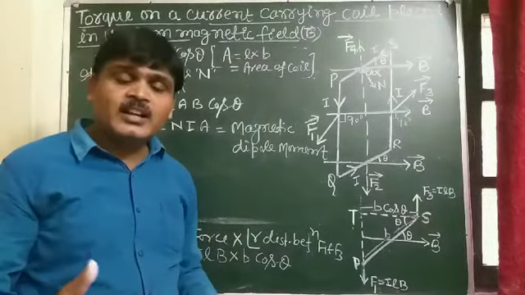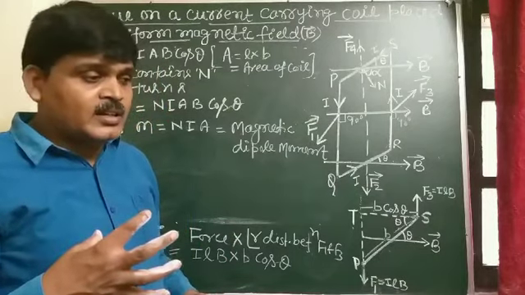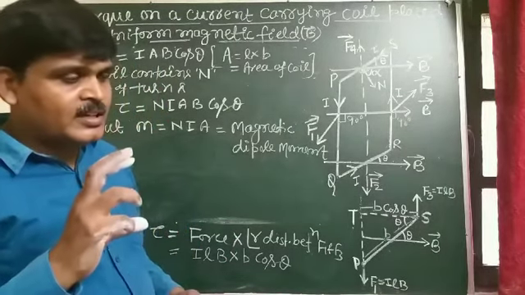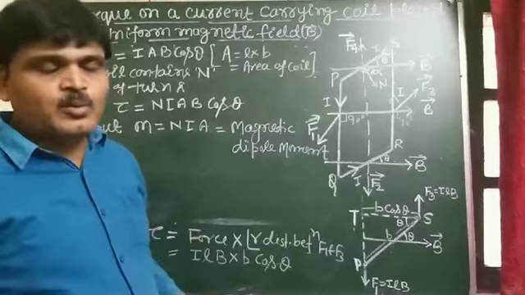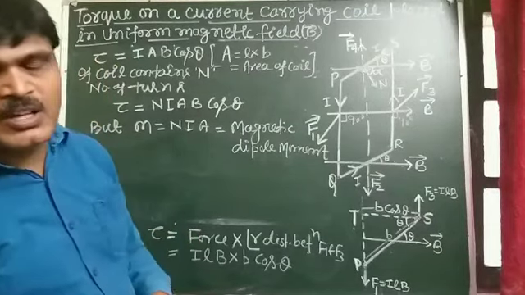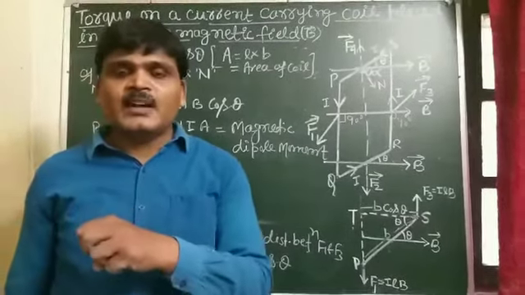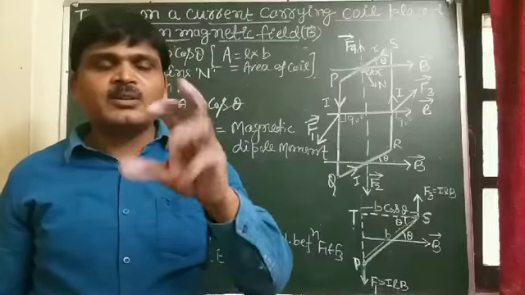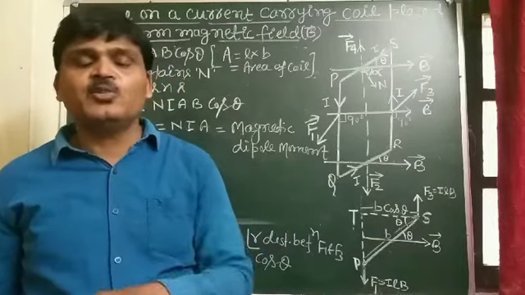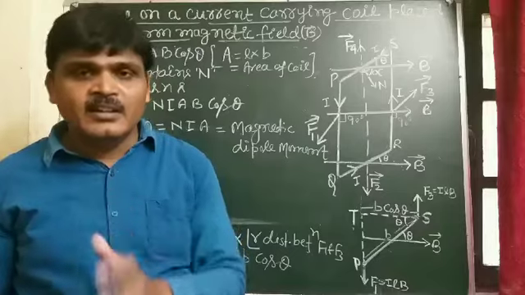And student, I have already explained that for a circular current loop, we find the magnetic field on the axis, and every current loop behaves like a magnetic dipole.